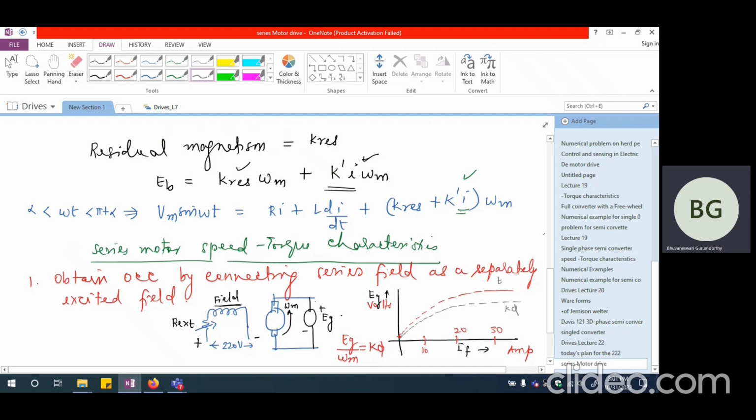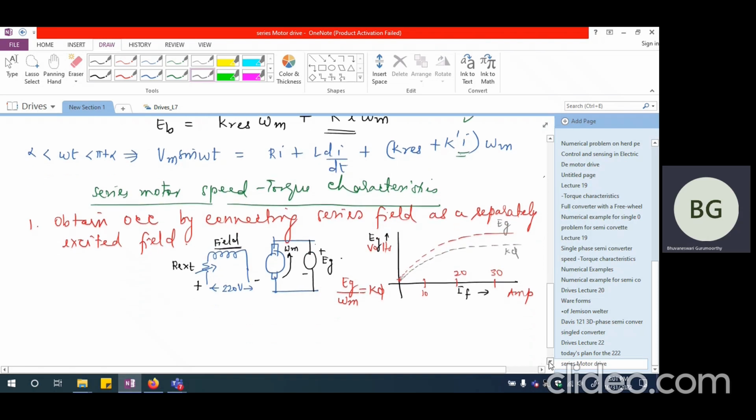So this will be K5, whereas this will be EG. So you have got K5 value corresponding to different field current values. So K5 versus IF can be obtained from this open circuit characteristics.